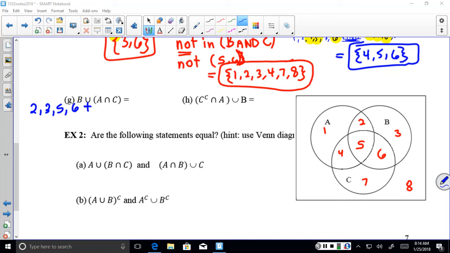On the right side, it says A intersects C. That means it's in A and C. If I look at circle A and circle C, there's 2 numbers that are in both A and C. Those numbers are 4 and 5. The plus means we want everything on the left plus everything on the right. So this is going to equal the set, and don't repeat anything, containing 2, 3, 5, 6, 4.